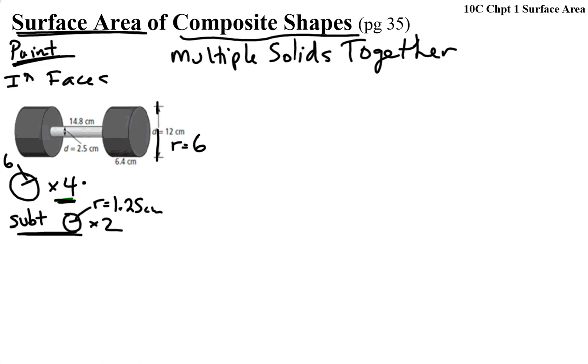All right, well, what's next? Well, we have these shapes all the way around both of these dumbbells. And what is that? Well, the outside is that rectangle from the cylinder.